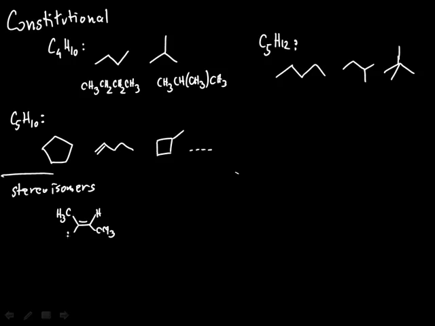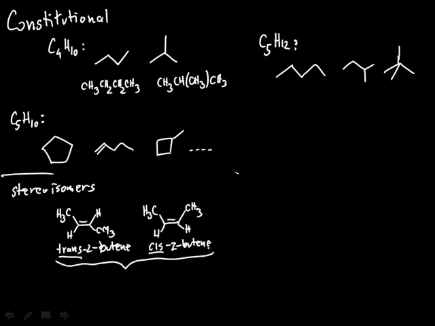This molecule would be called trans-2-butene, and the word trans is important here because it indicates that the two CH3 groups are on the opposite side of the double bond. Its alternative would be cis-2-butene, which now indicates that the two groups are on the same side of the double bond. And these two are called stereoisomers.